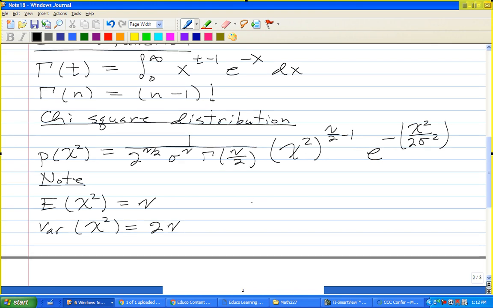The mode is nu minus 2 for, obviously, degrees of freedom greater than 2, and the skewness is radical 2 over nu.